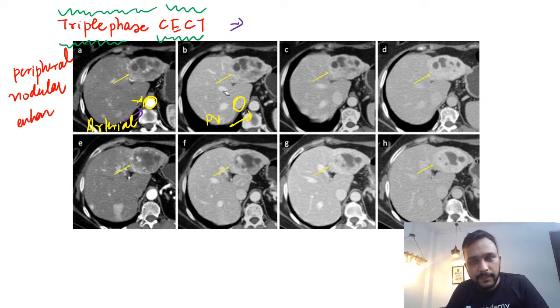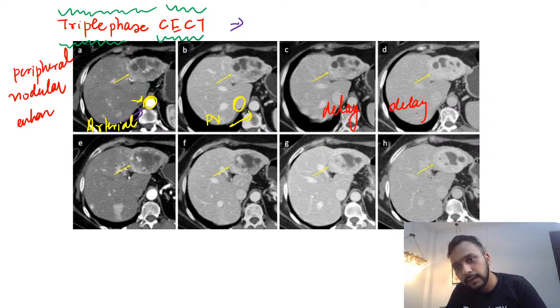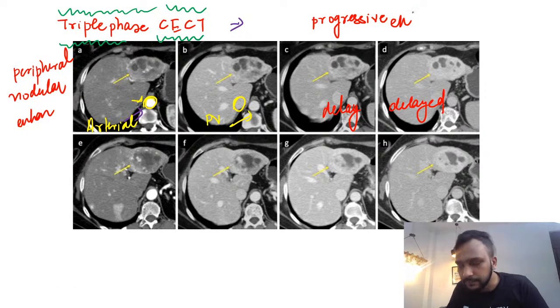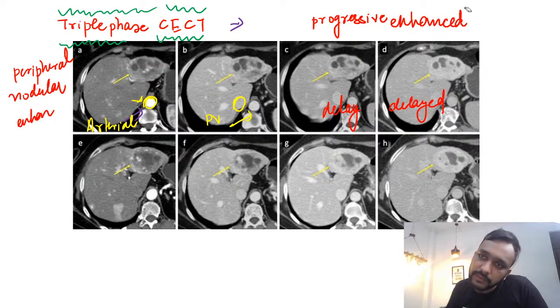Is that clear? And on the portal venous and delayed phases, we can see that the lesion is showing progressive enhancement.